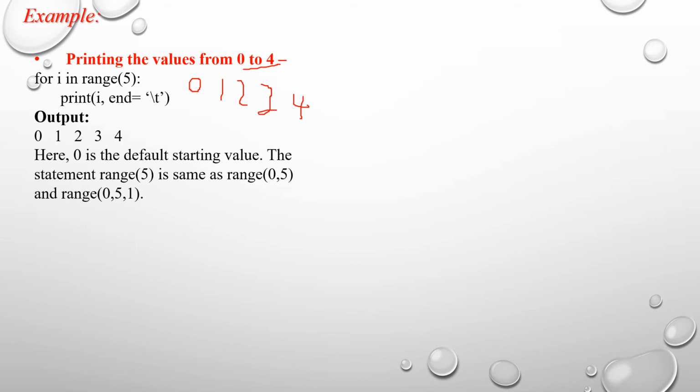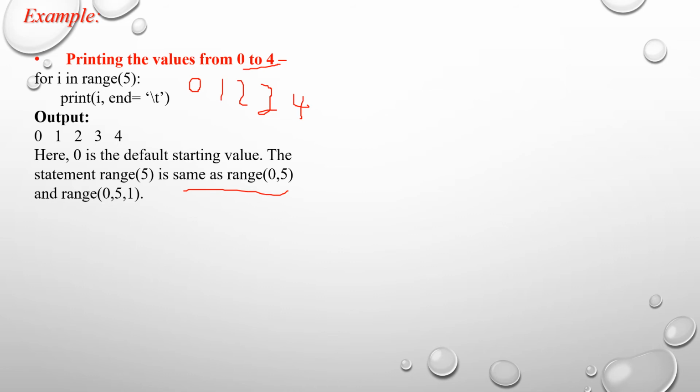If you run this code, the interpreter is going to print 0, 1, 2, 3 and 4. Here 0 is the default starting value. The statement range of 5 is the same as range of 0 comma 5. You can directly assign 5, or else you can initialize the start value 0 and end value 5.